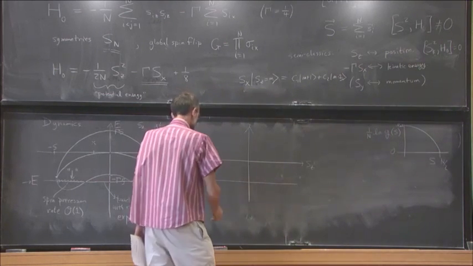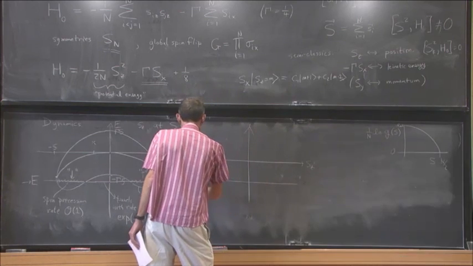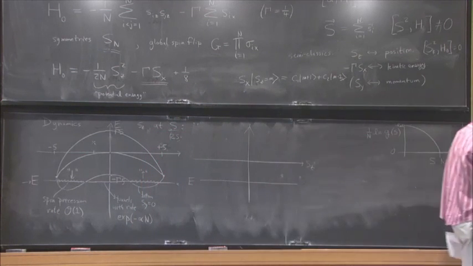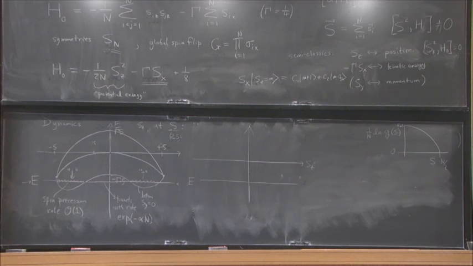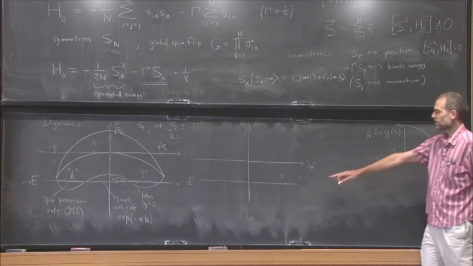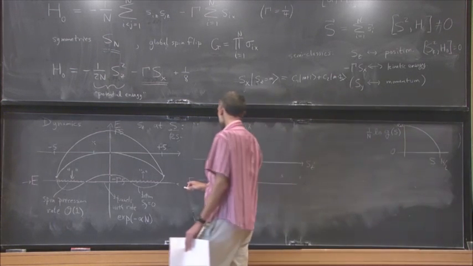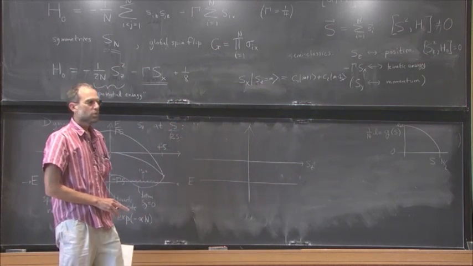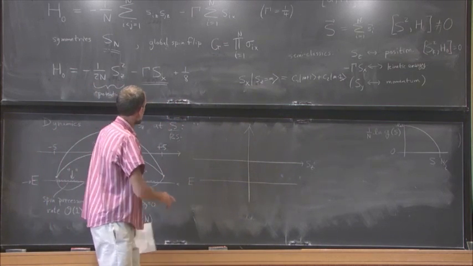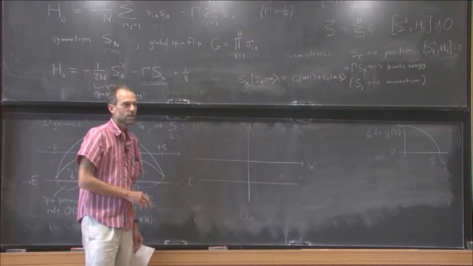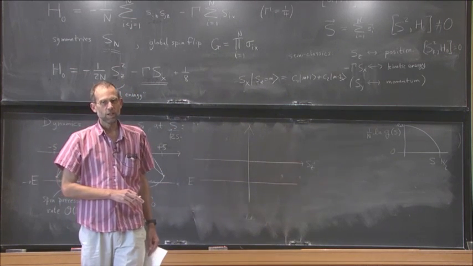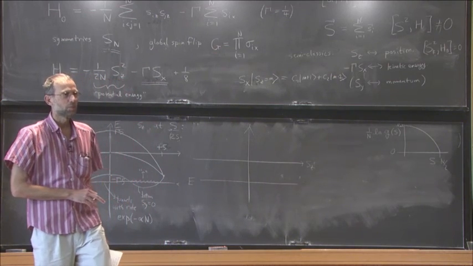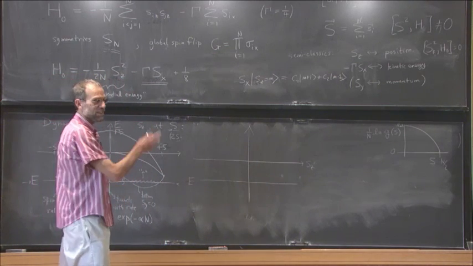So if we're at a given energy E, and the system thermalizes, so that its probability distribution is given by a microcanonical ensemble at this energy, then the most probable value of the total spin S will be the one with the maximum entropy, or maybe I should say the maximum degeneracy in H naught.